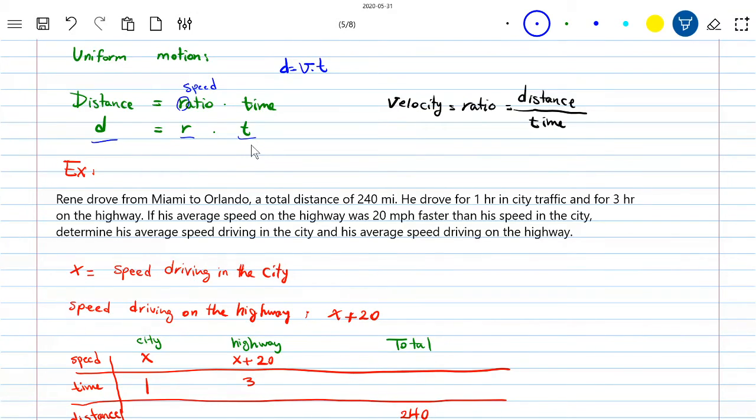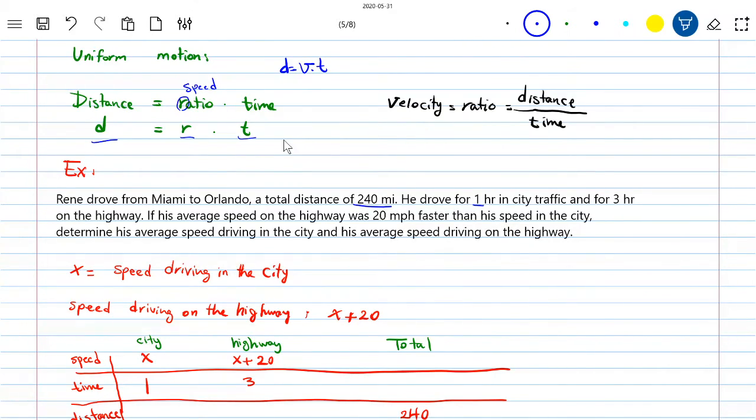So here is an example for this uniform motion. And this speed is not an instantaneous speed, it's an average speed, an overall speed. Let's look at this example. Ryder drove from Miami to Orlando, a total distance of 240 miles. This is the total distance.